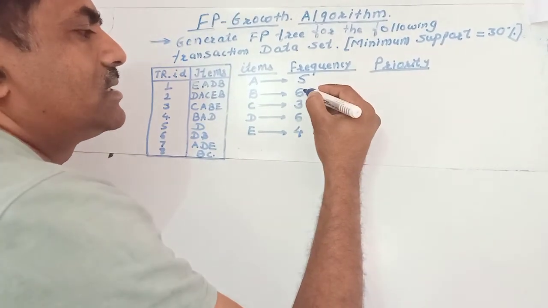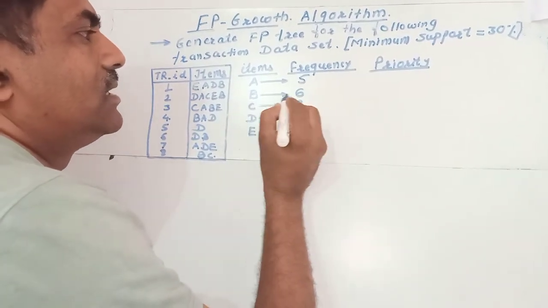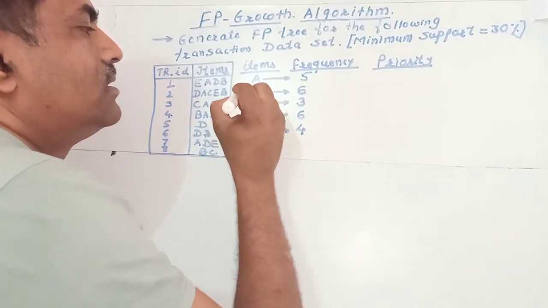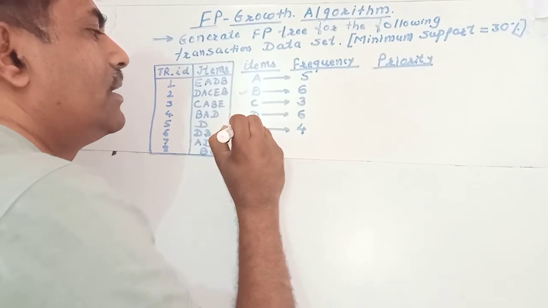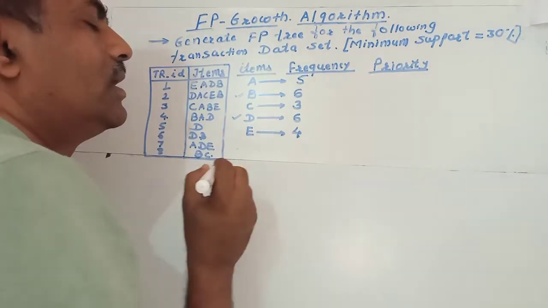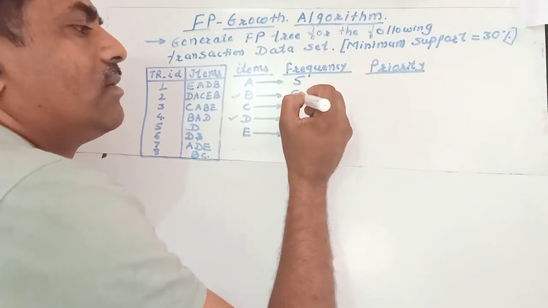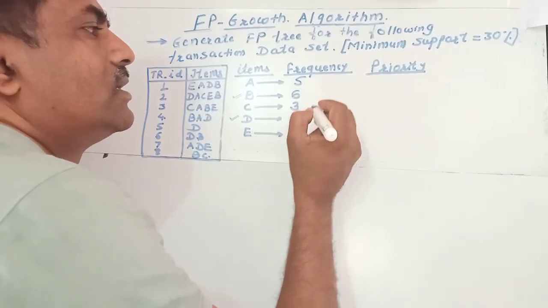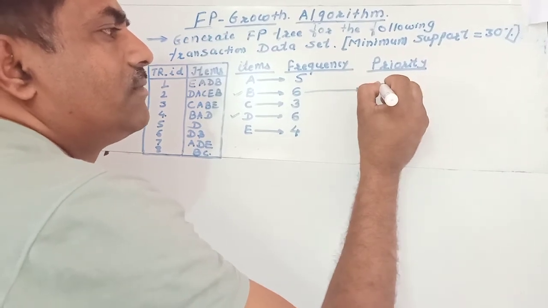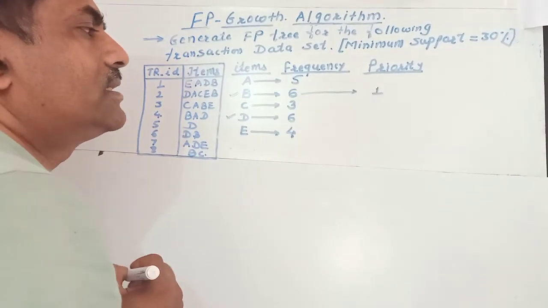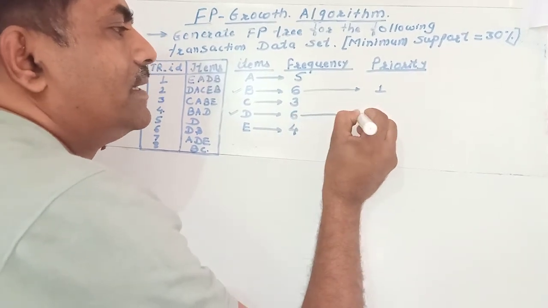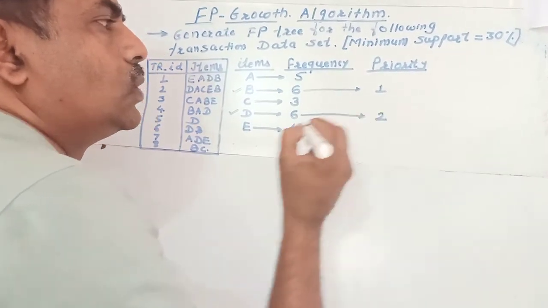But here, items B and D have equal frequency, so we will assign the priority on a first come first serve basis. In this case B has occurred first, so we will give B priority 1, and D priority 2, right?